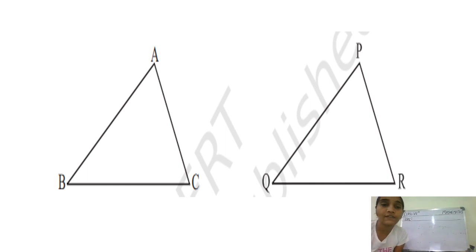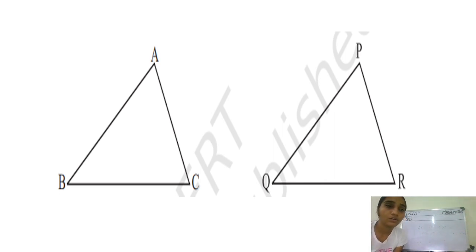But now students, if I ask you that if you have to show that the whole triangle ABC is congruent to the whole triangle PQR, do you know how we can show that, or what are the congruence conditions of these triangles? No?